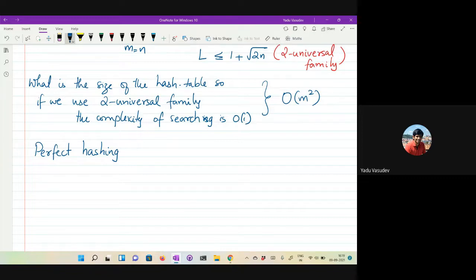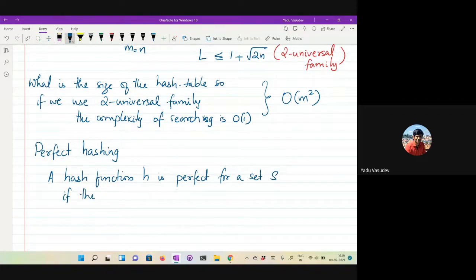We will say that a hash function h is perfect for a set S if h is injective for the set S. So if you have a set S, we'll say a hash function is perfect if for this particular set S the function is injective.